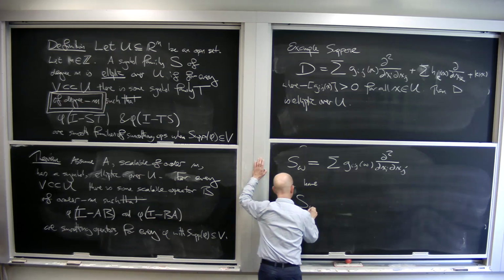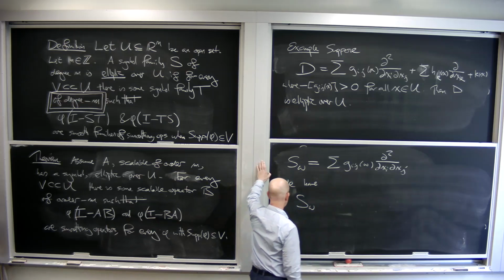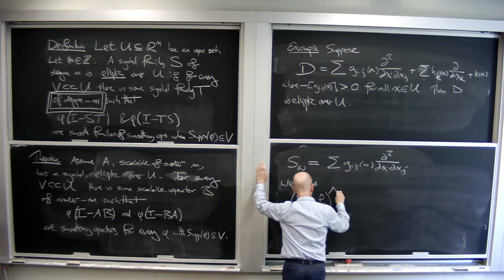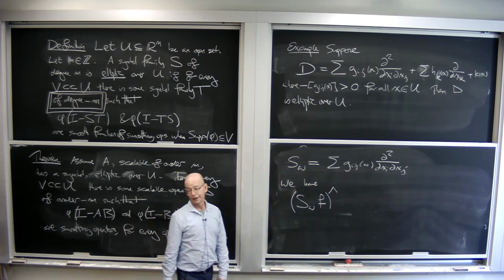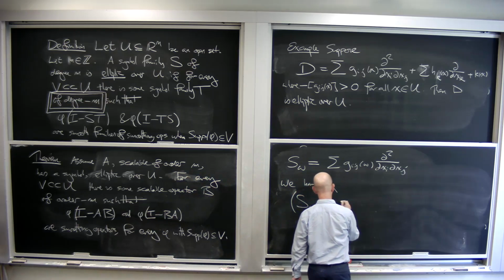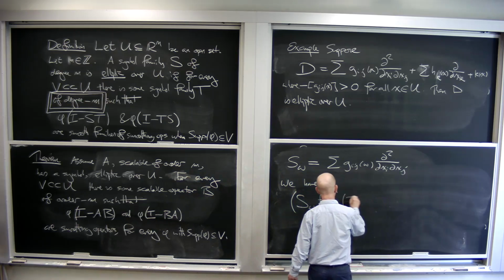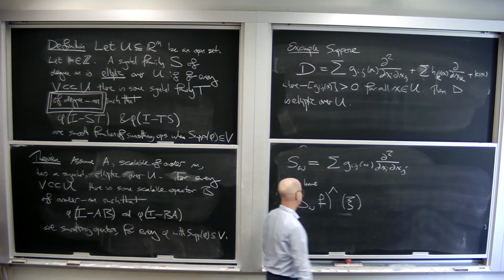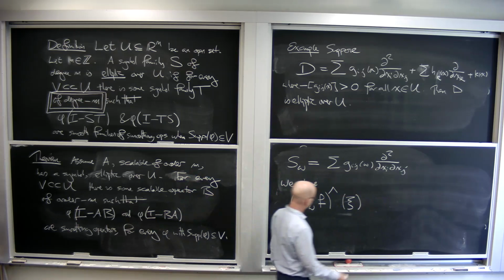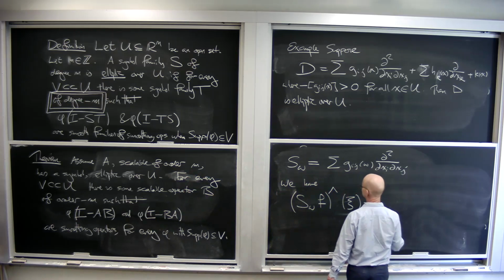If you apply this operator to a function f, and then you take the Fourier transform, then we all know what you get. Well, you get a function of the phase variable xi, xi1 up to xi(n).